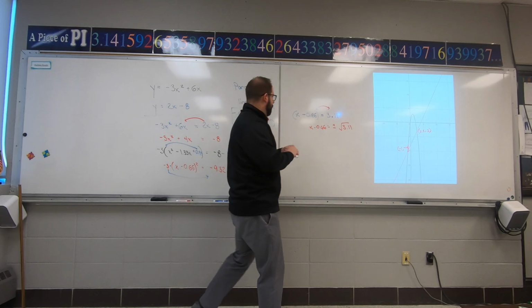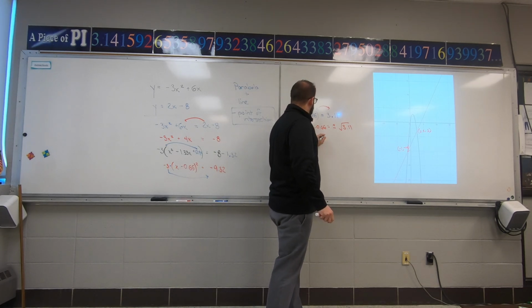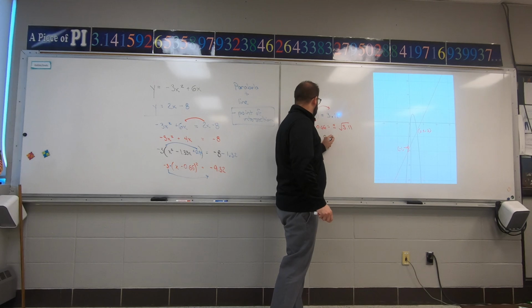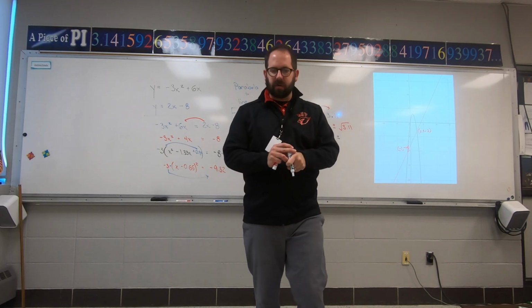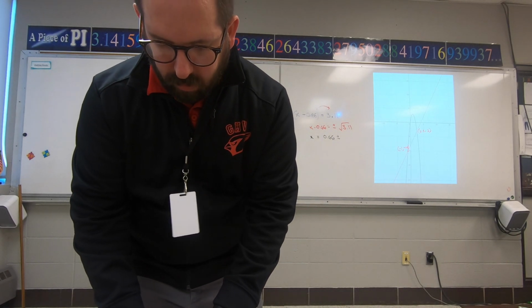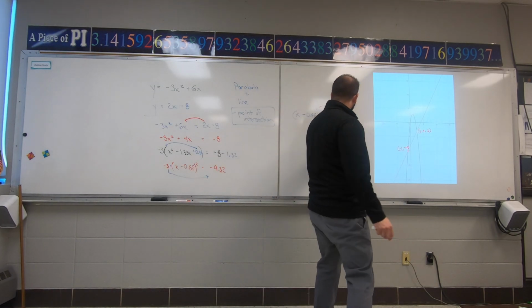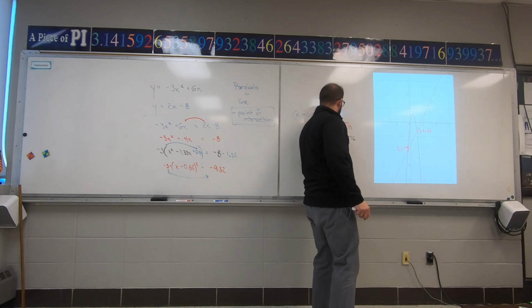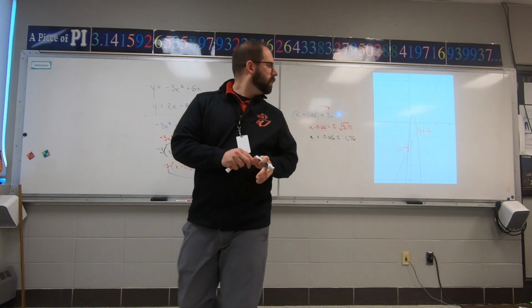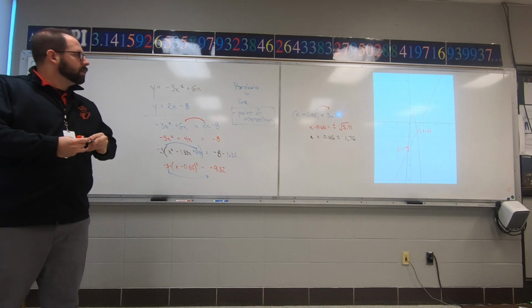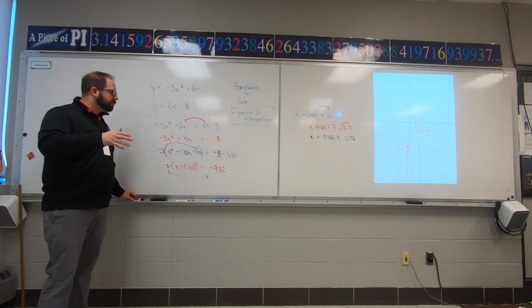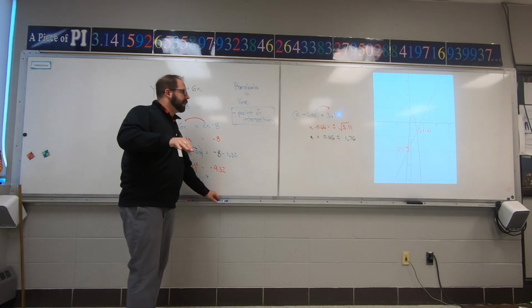So this will end up being x is equal to 0.66 plus or minus the square root of 3.11, 1.76 roughly, if I round it really poorly. So you add those numbers, you subtract those numbers, and you get your 2 x's.